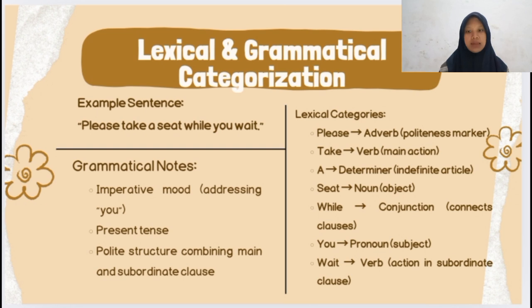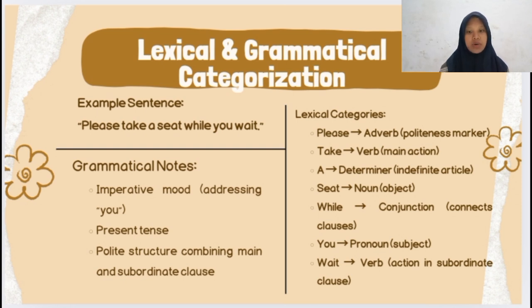Then, while is a conjunction that connects two clauses. And you is a pronoun functioning as the subject of wait. And finally, wait is the verb in the subordinate clause. Grammatically, the sentence is in the imperative mood, addressing the listener politely.